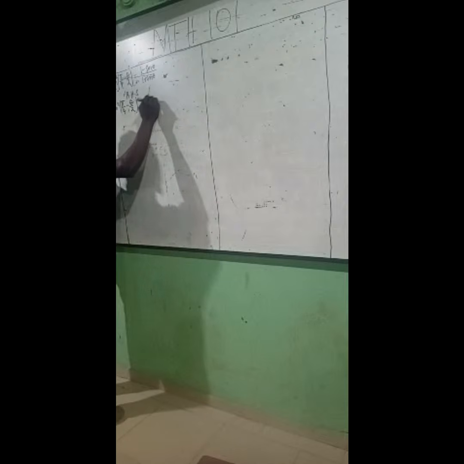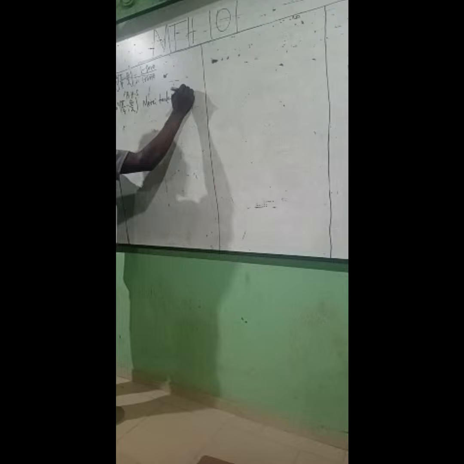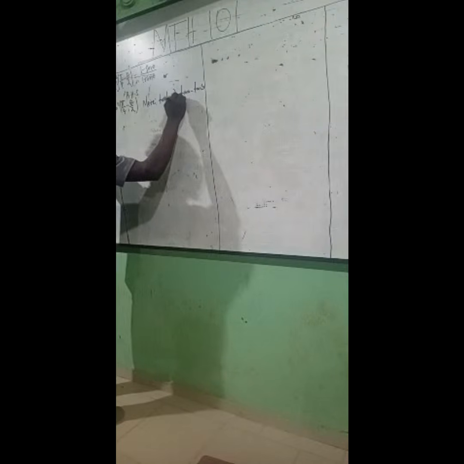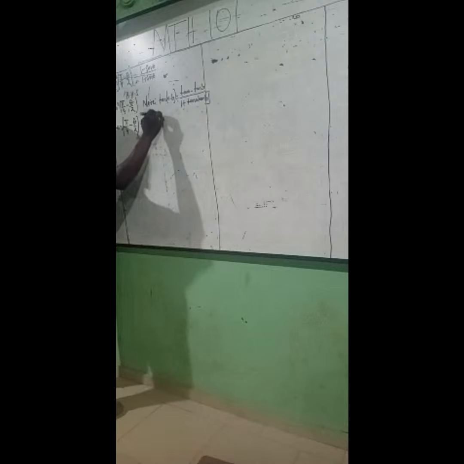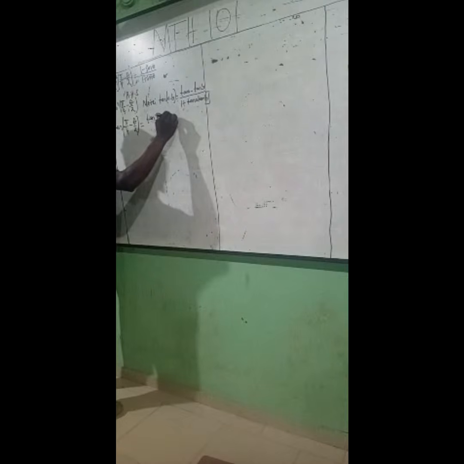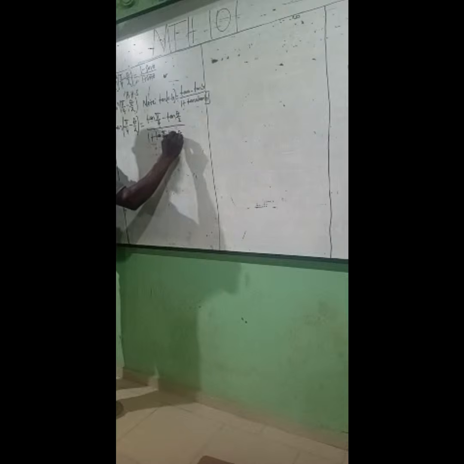Now note tan A minus B equals tan A minus tan B divided by 1 plus tan A tan B. So that means tan 5 over 4 minus theta over 2 gives us tan 5 over 4 minus tan theta over 2 divided by 1 plus tan 5 over 4 tan theta over 2.